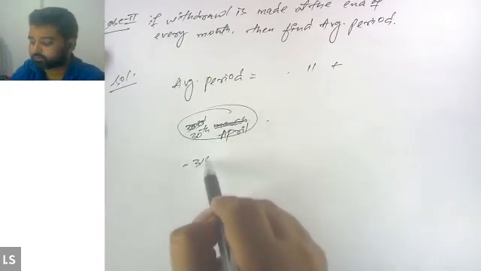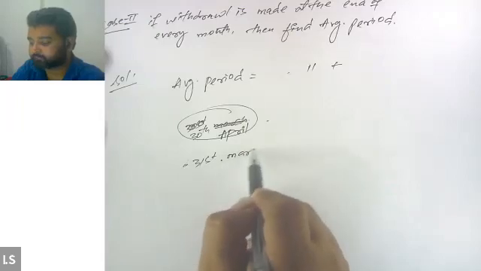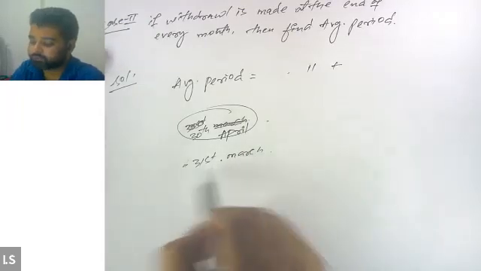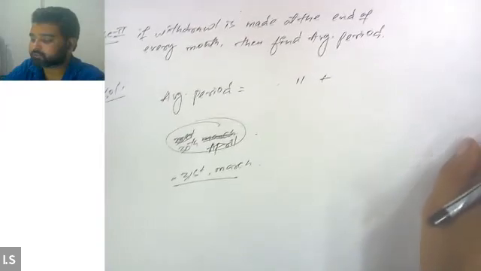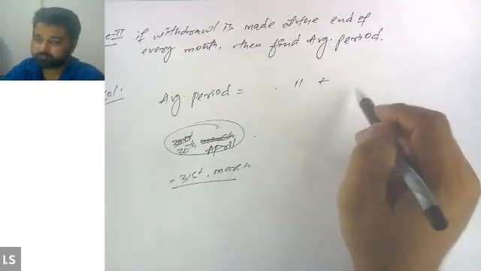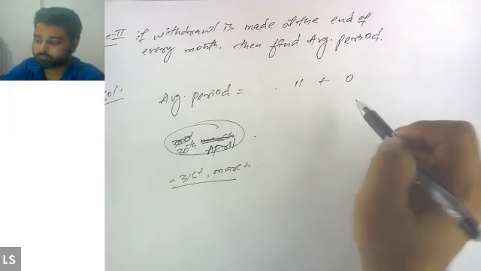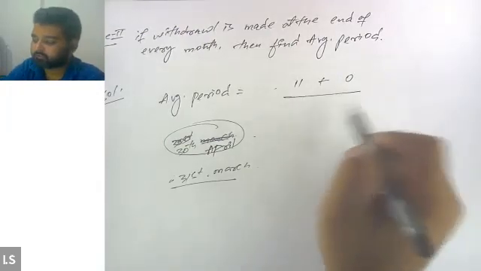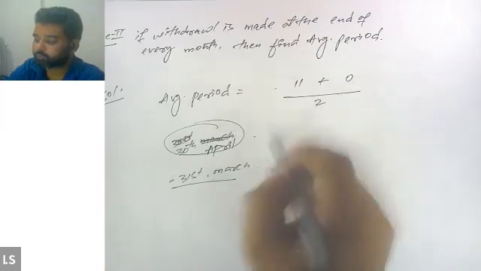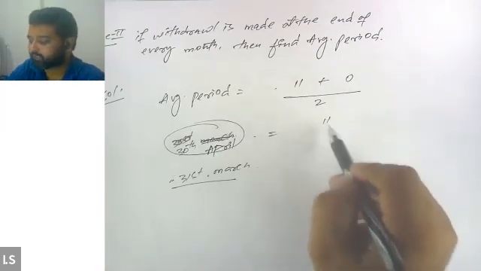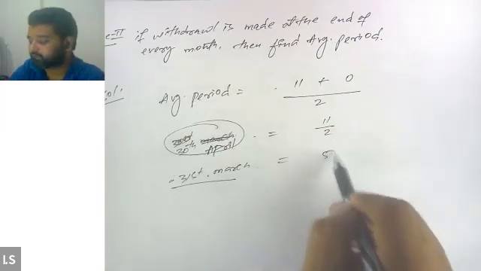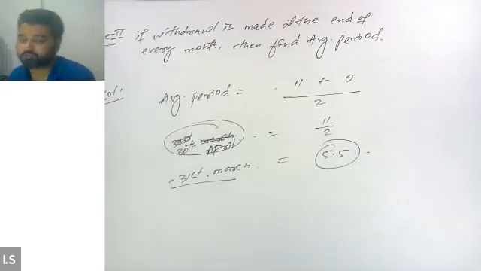It will be made on 31st of March next year. So after the last withdrawal, how many months will still be left in the current year? 0. Right? And then again, we will divide it by 2. So the average period will be 11 upon 2. That means 5.5. This will be the average.